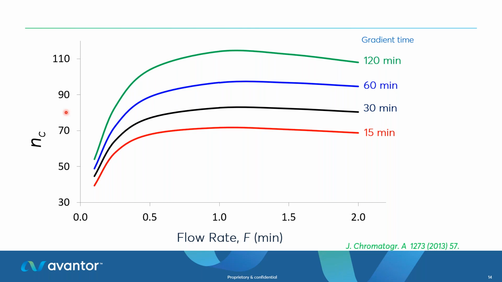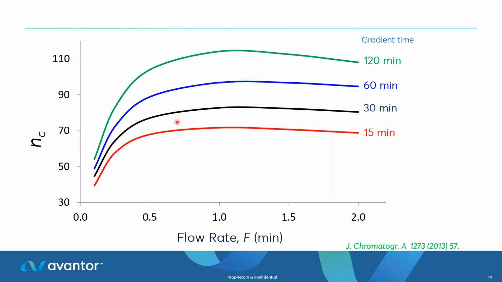Because of the trend differences between the small molecules and the relatively larger peptides, we had to do a root cause analysis to understand what was behind these different trends of peak capacity versus flow rate. We did a lot of experiments and calculations, and I just want to show you the results and why there was a change in trends.